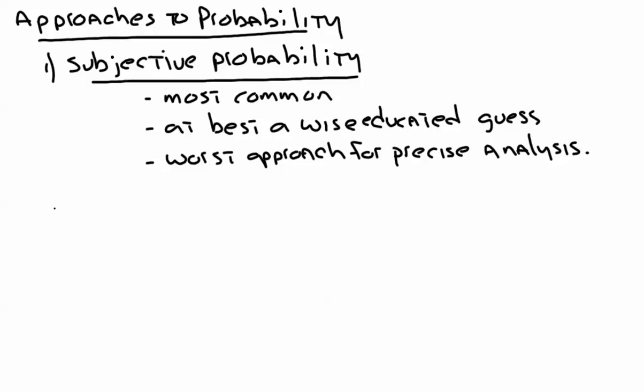The second approach that we might encounter is the approach which makes the assumption of equally likely outcomes.